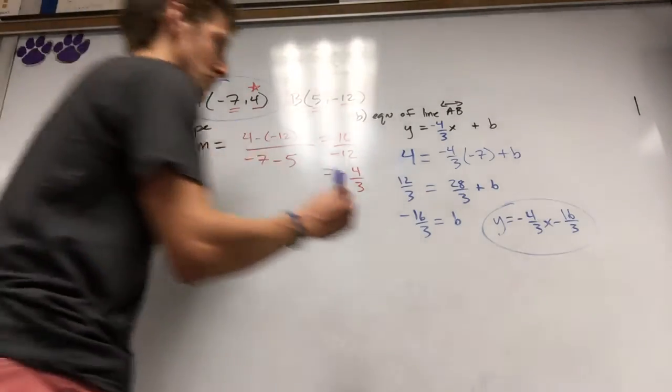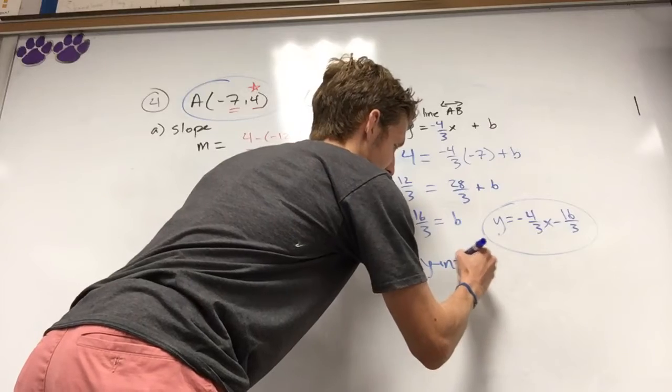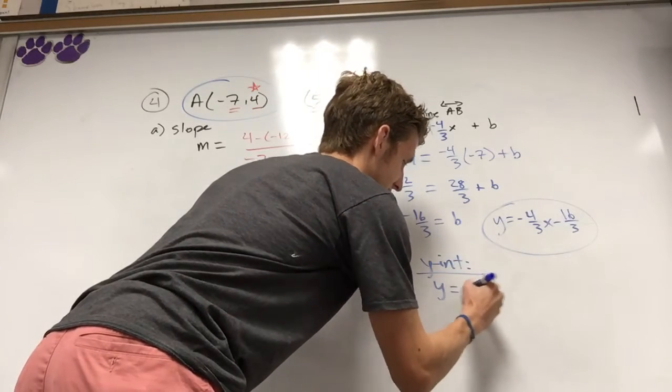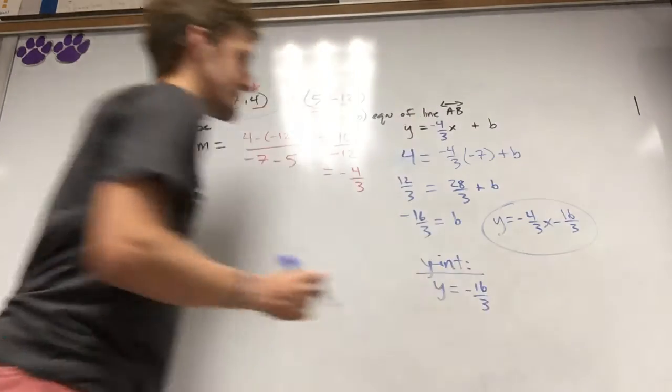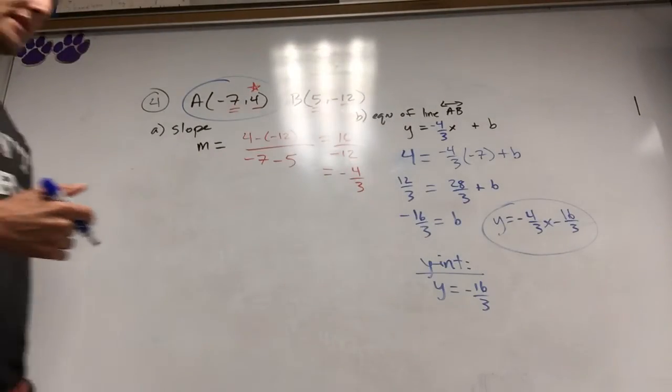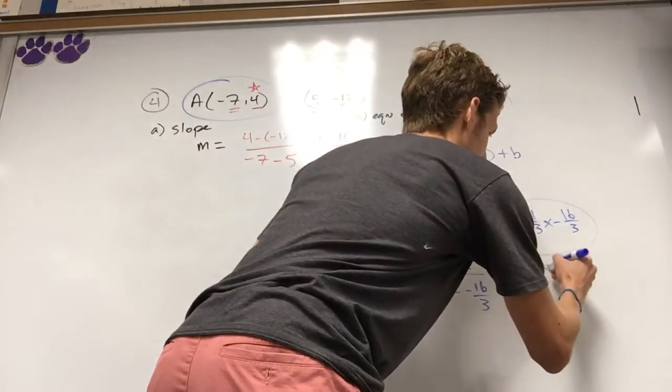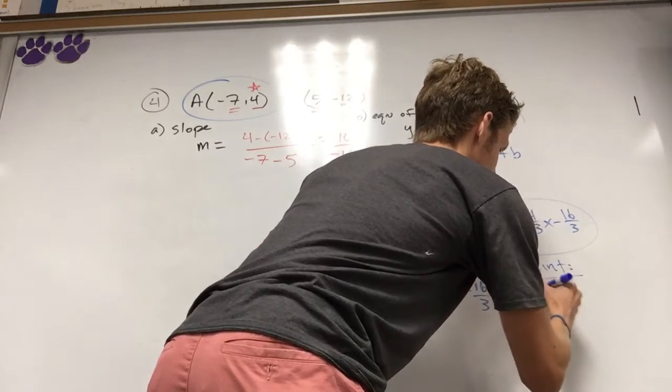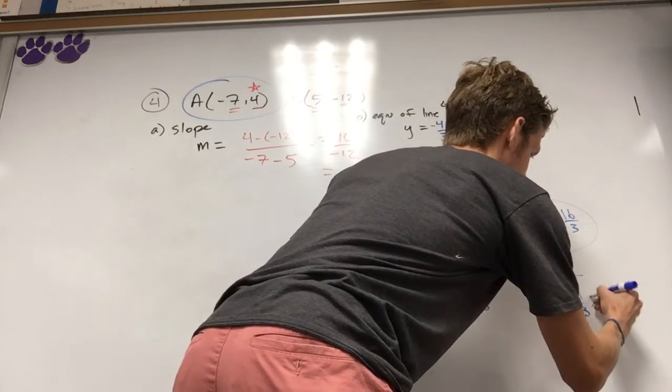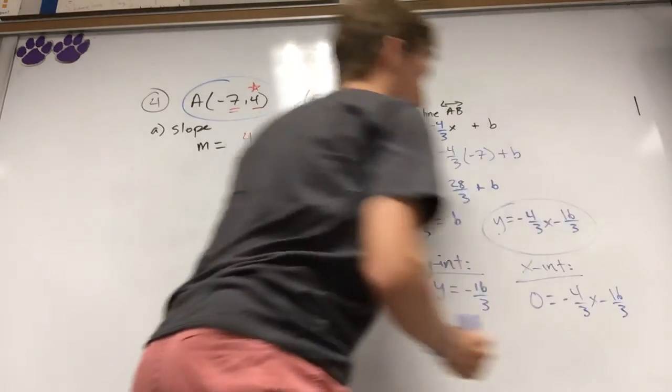Now, what are the intercepts? Well, the y-intercept is staring right at you. The y-intercept is y equals a negative 16/3. The x-intercept: 0 is a negative 4/3 x minus 16/3.